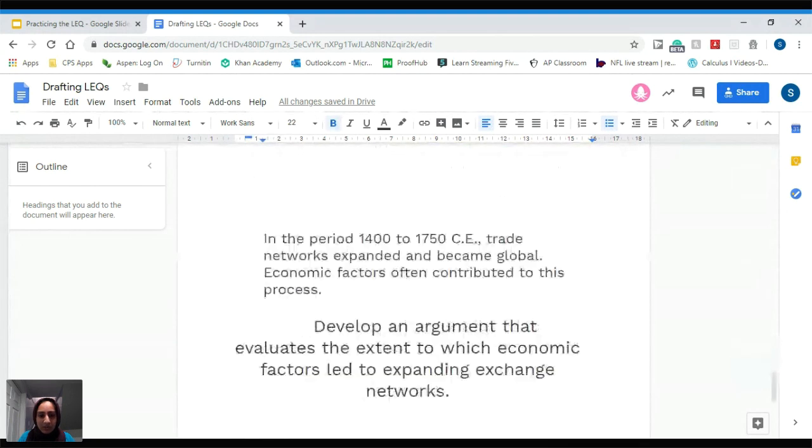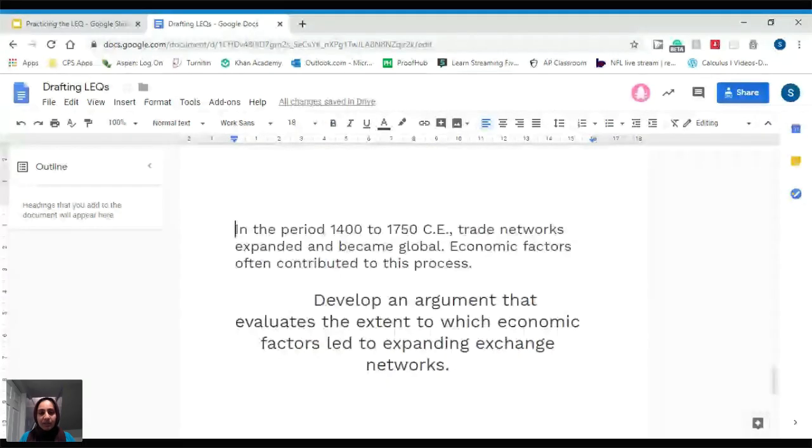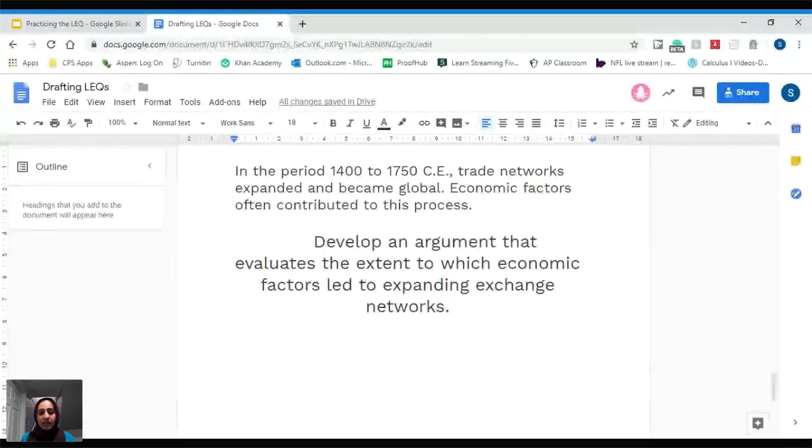Okay, so now we're going to start our second prompt. Hopefully this stuff should be more familiar to you. Our next prompt: In the period 1400 to 1750 CE, trade networks expanded and became global. Economic factors often contributed to this process.